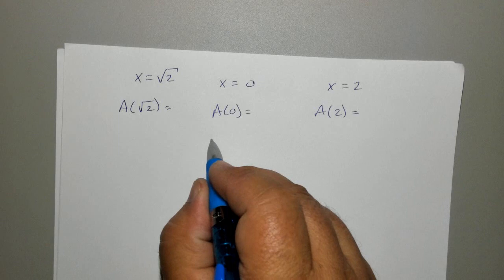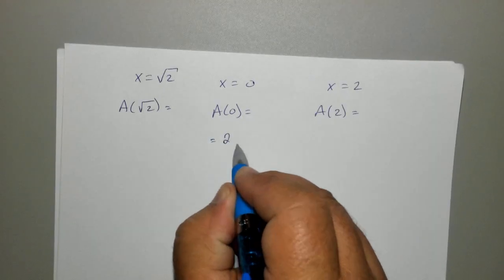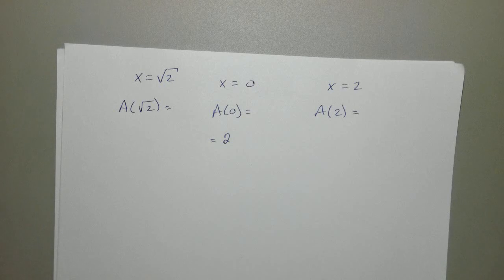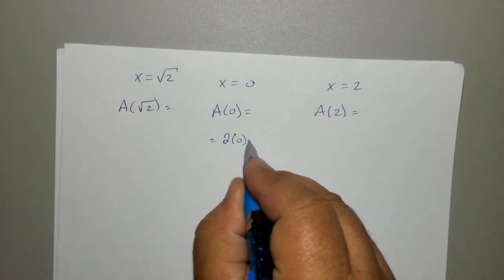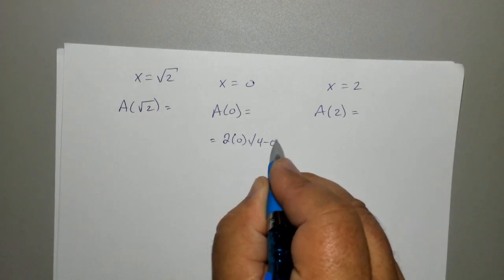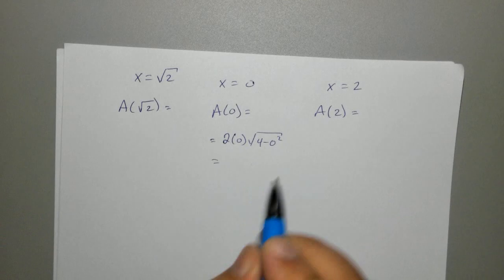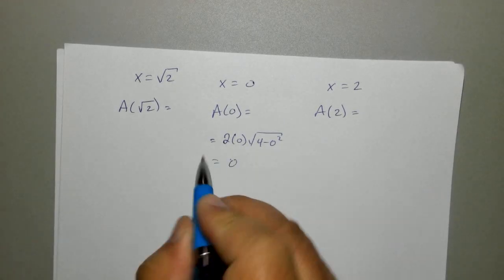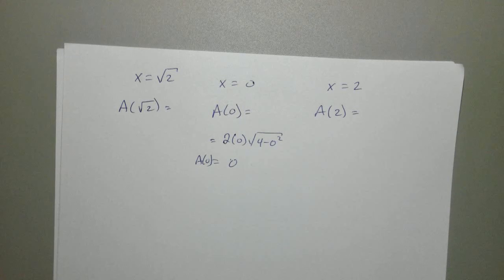When x is 0, we have 2 times 0 radical 4 minus 0 squared. 0 times anything is 0, so at 0 it's 0.